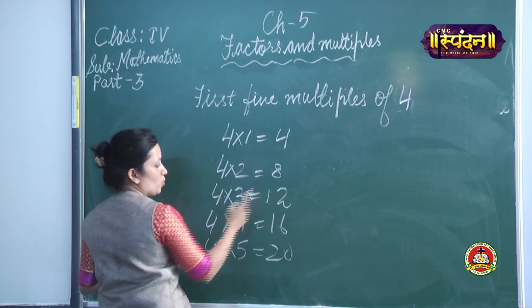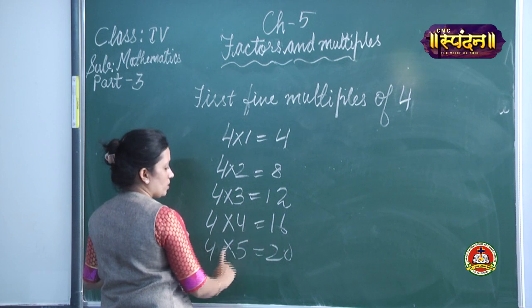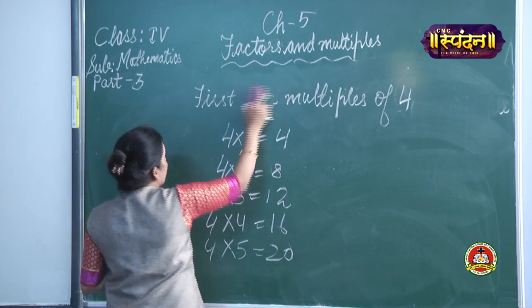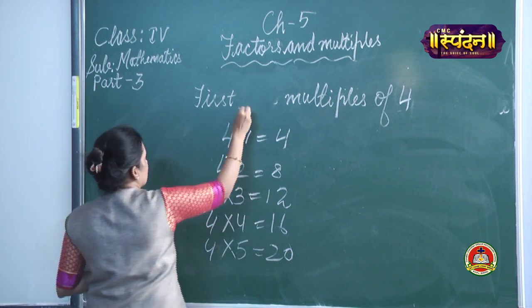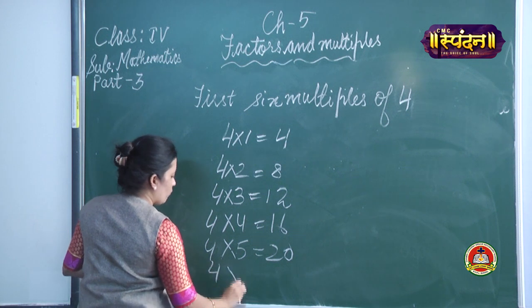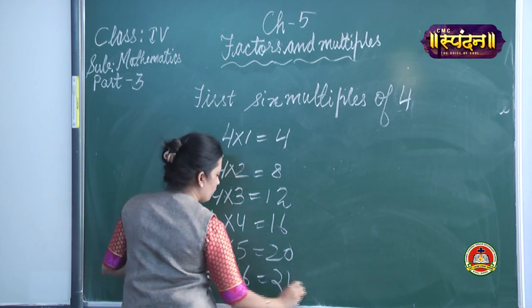But if I am asking you to write first 6 multiples, it means my question I have changed. So it will be 4 6s are 24.